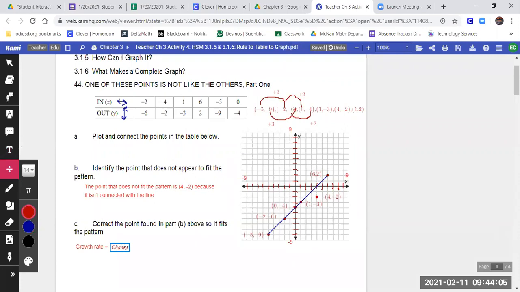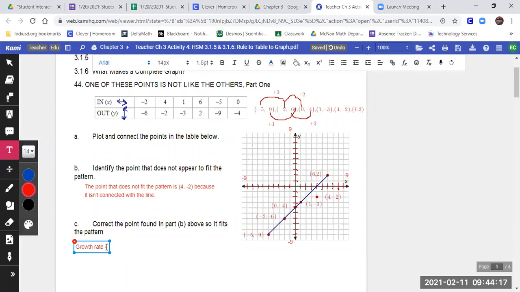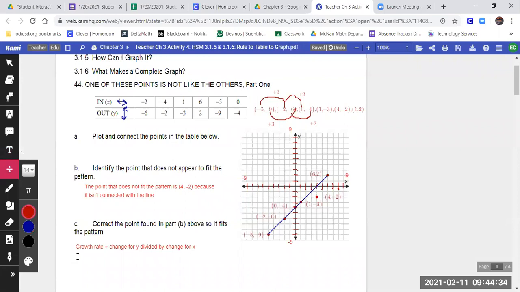Our growth rate is change of y over change of x. Change for y divided by change for x. So I'm looking for my growth rate. What's the change in the y in the first situation?